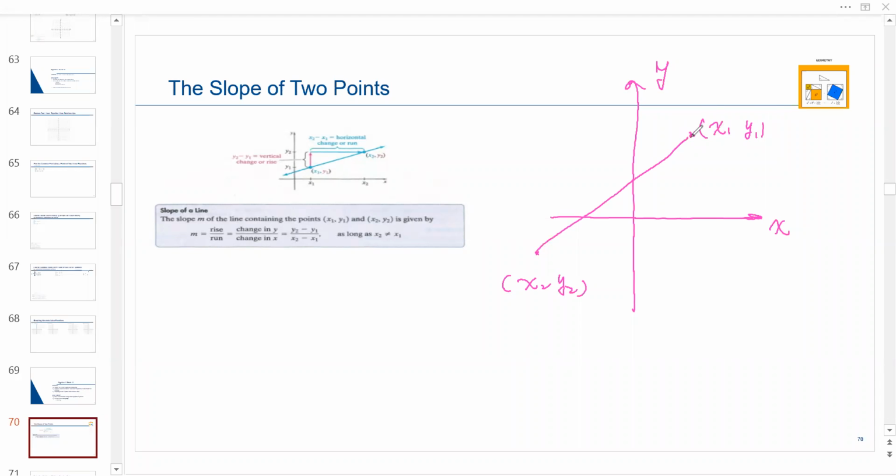You build the relationship here, so the distance here is x1 minus x2, and this part is y1 minus y2. The question is why the distance equals like this. How did you get this?